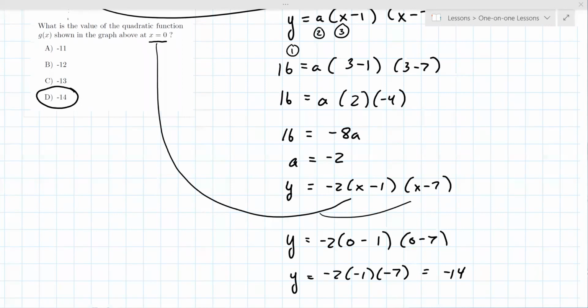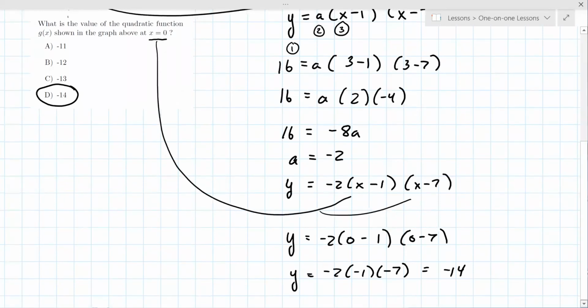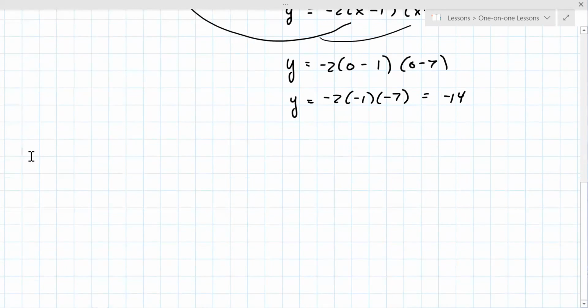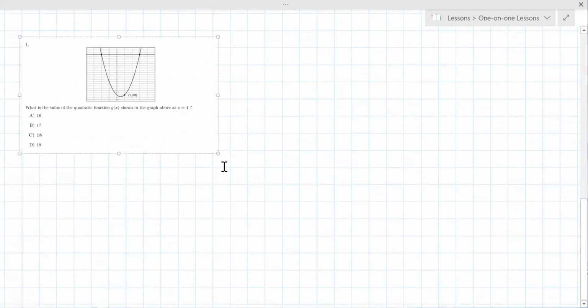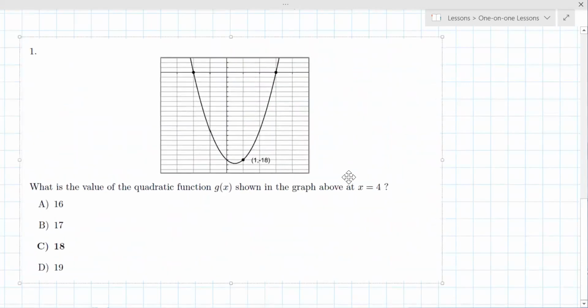These are all the same in the sense that you have to write the equation because they don't give you enough of the graph to determine that value, and you don't want to try and predict it either. So this is the same thing. This one does not have the vertex.